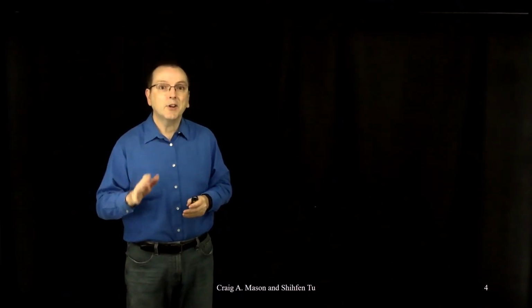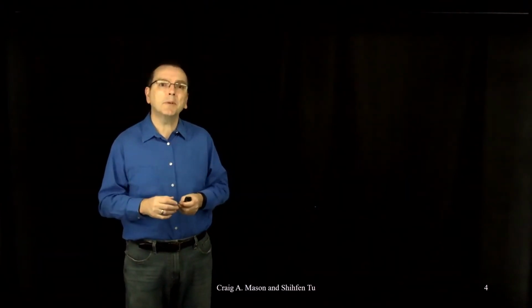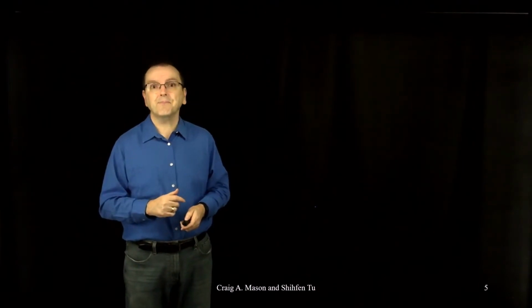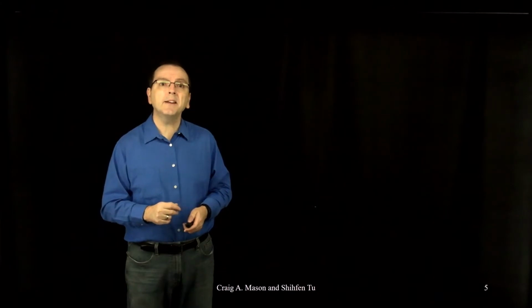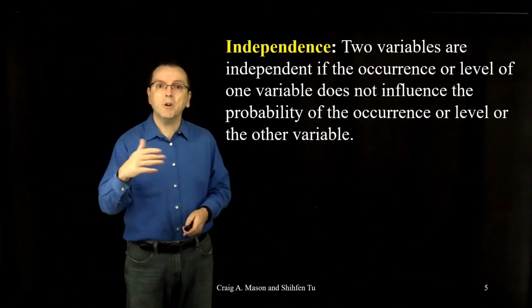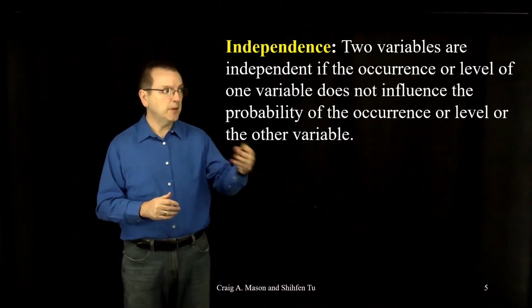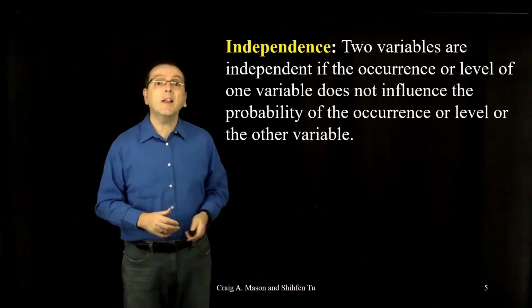This is a different use of that term that's more aligned with the concept of independent events in probability theory. In this context, two variables are independent if the occurrence or level of one variable does not influence the probability or the occurrence or level of the other variable.